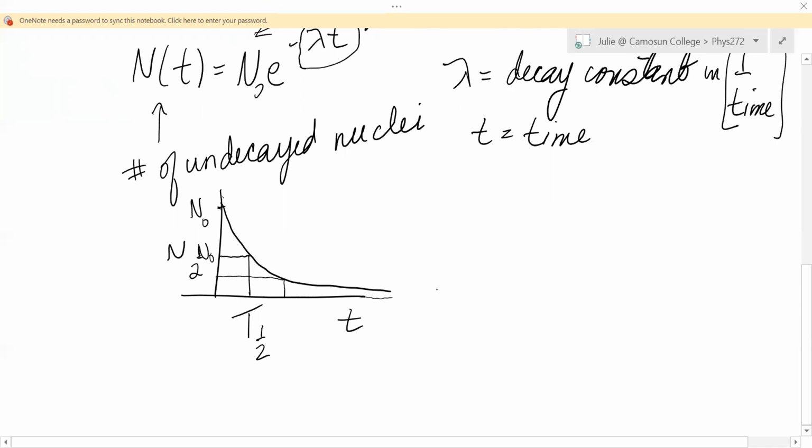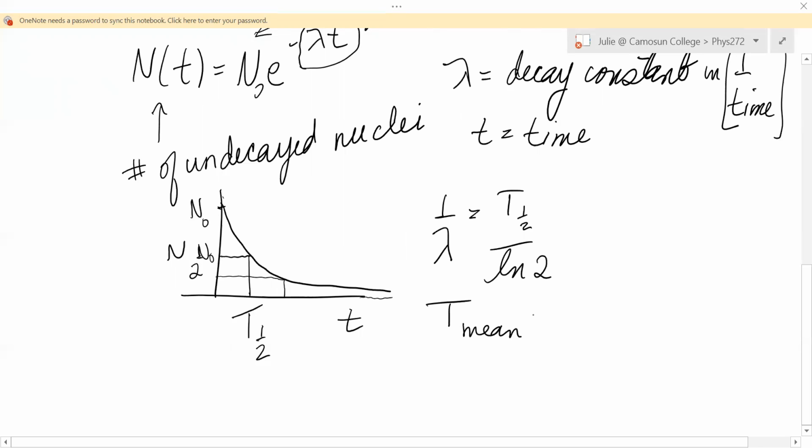Okay, so the formula that relates those, the one on your formula sheet, is 1 over lambda is the half-life over the ln of 2. The ln of 2 is 0.693, but you're just going to put the ln of 2 into your calculator for this. They also define something, this is not a very common thing to define, but it's called t-mean.